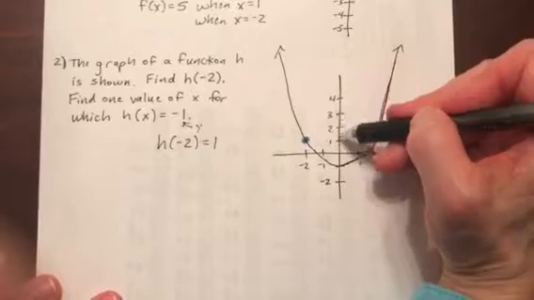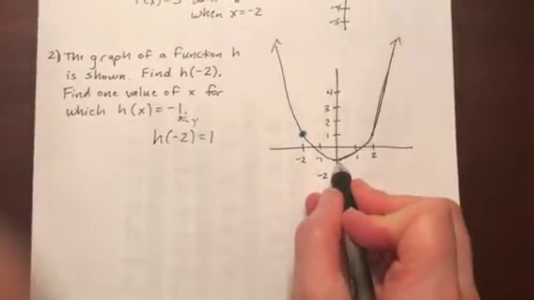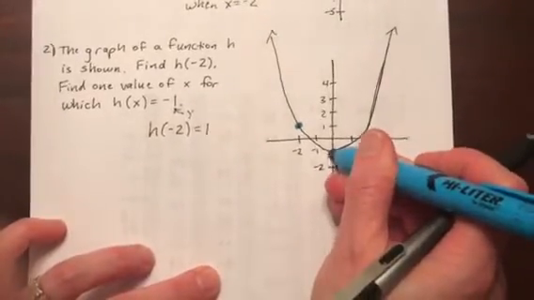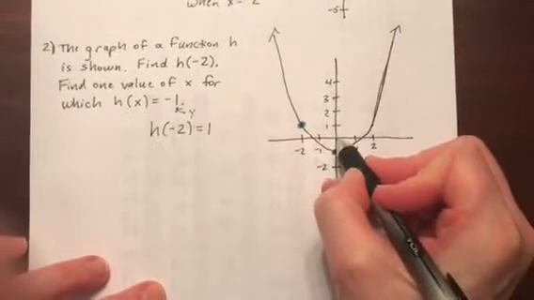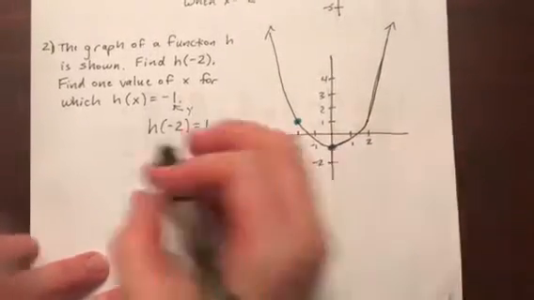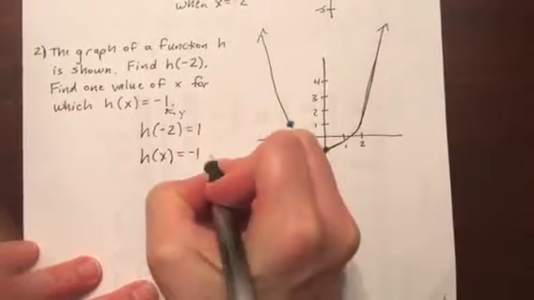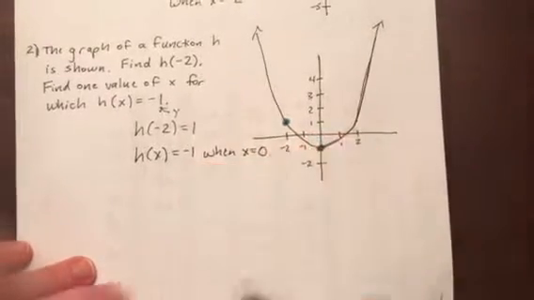On our y-axis, go to -1, and we can see that there really is only one place on the graph of our function that has a y value of -1, and that's where x equals 0. And so we'd say h of x equals -1 when x equals 0. And that's our answer.